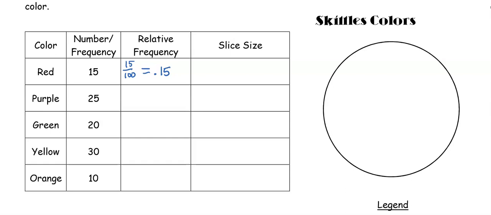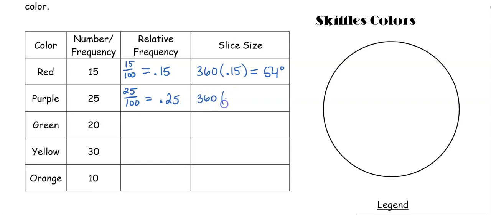And if we're looking at the whole circle, we know that a circle has 360 degrees. So we're finding 15% of that whole circle, which is going to make up 54 degrees. We look at purple. There are 25 out of the total 100, which gives us 0.25, 1/4. So we find 25% of that whole circle, which is 90 degrees.